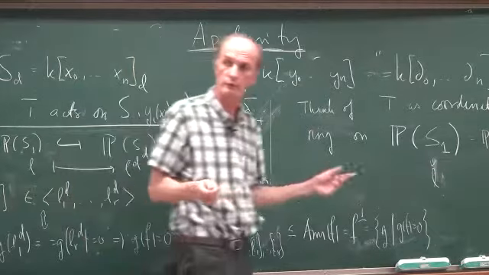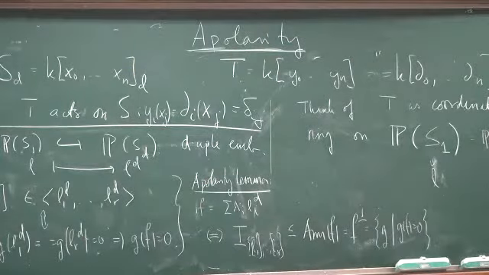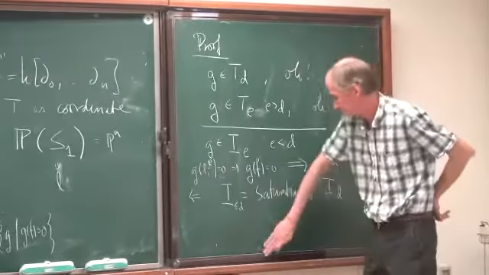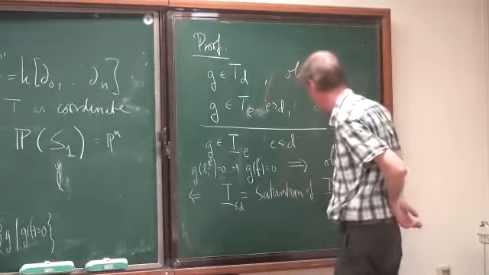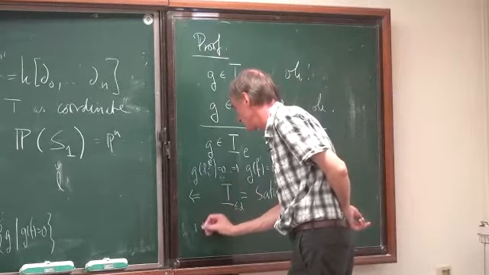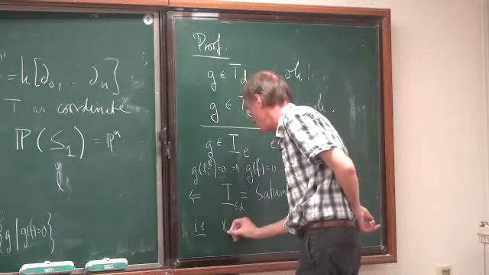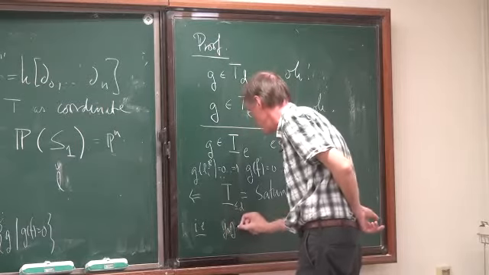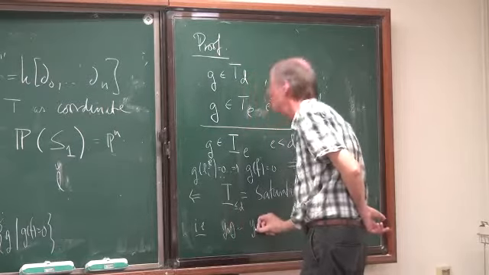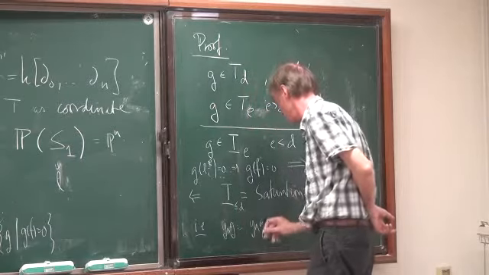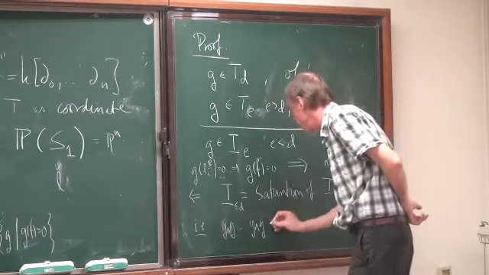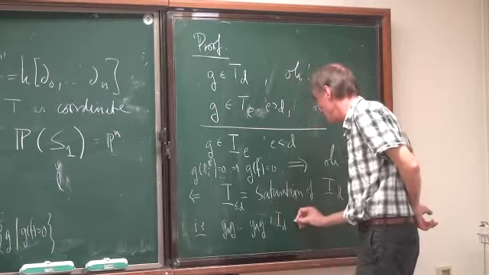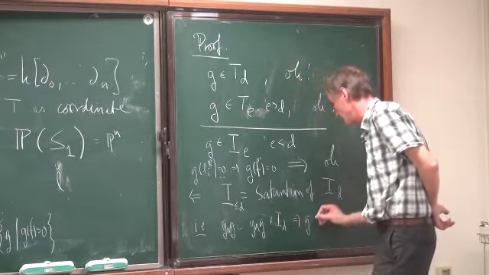And what does it mean to saturate? To saturate means whenever y0 G up to yn G, if those are in the ideal I_D, then G is in the ideal.